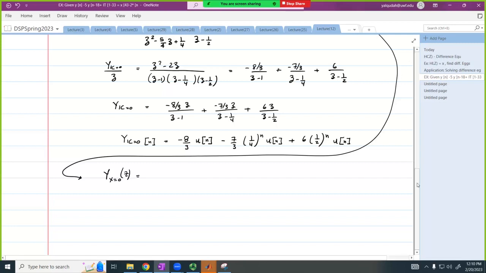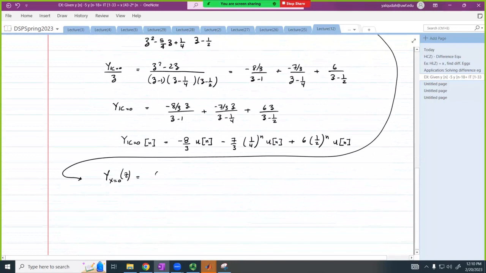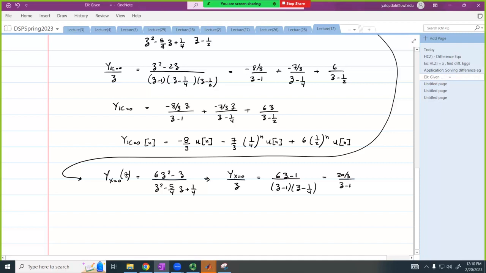Okay, so the second component was 6 z squared minus z divided by z squared minus 5 over 4 z plus 1 over 4. Therefore, we're going to take y, x equal to 0, divided by z, which is going to equal 6 times z minus 1 over z minus 1, z minus 1/4, which is going to equal 20 over 3 over z minus 1 plus negative 2 over 3 over z minus 1/4.